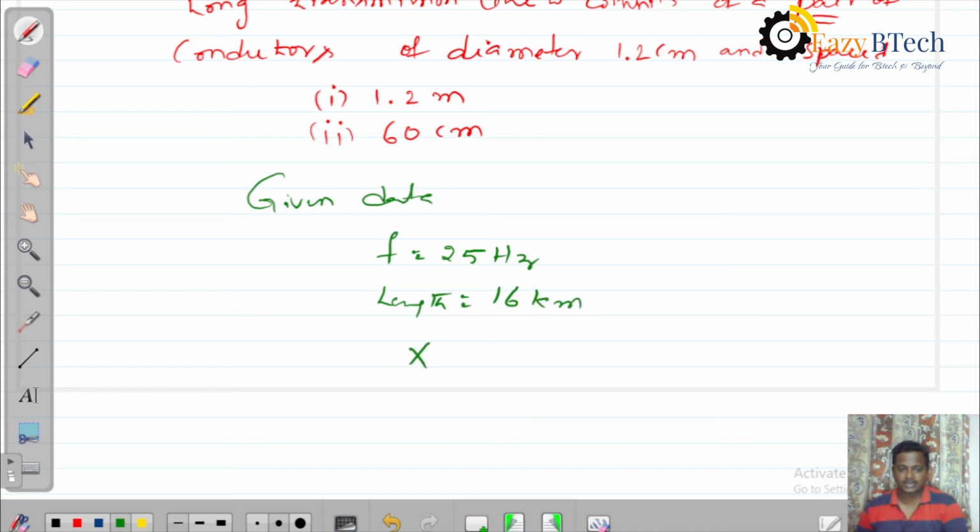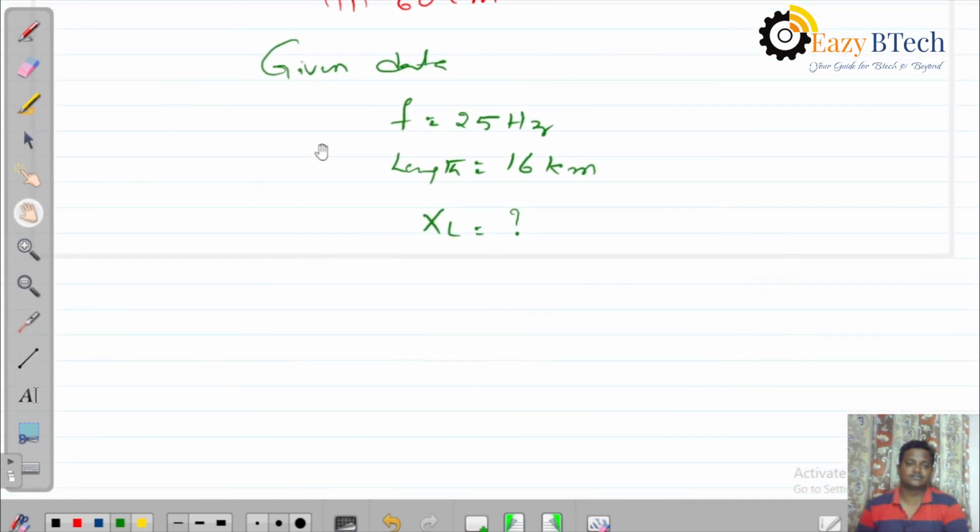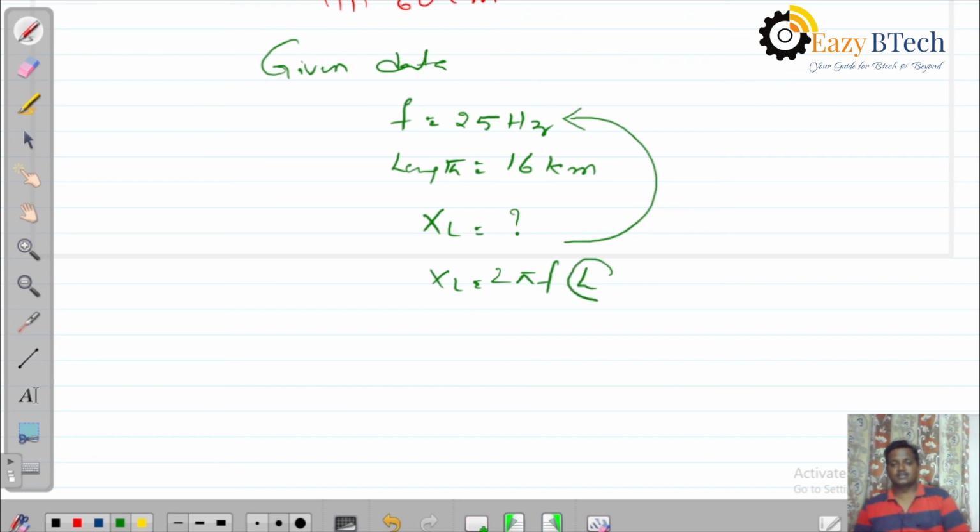What do you have to calculate? XL. We know the formula for XL: XL equals 2 pi f L. They already gave f, and here L is the inductance of the single phase system.